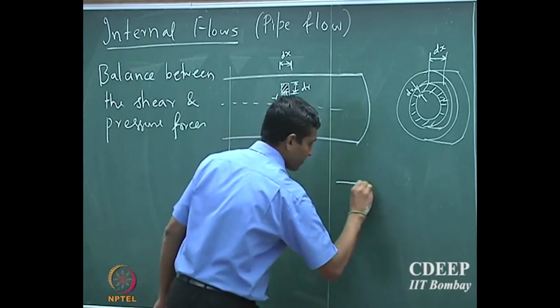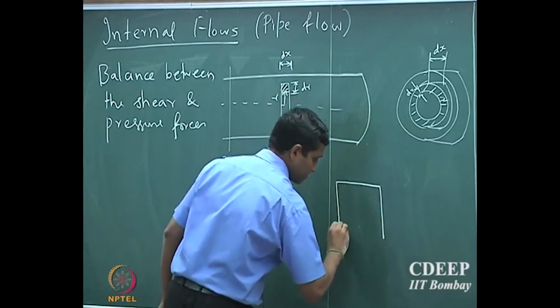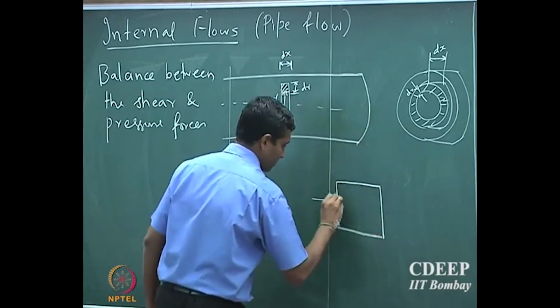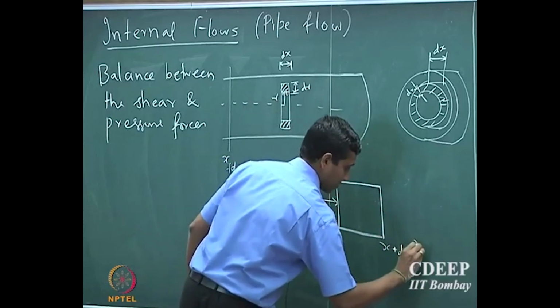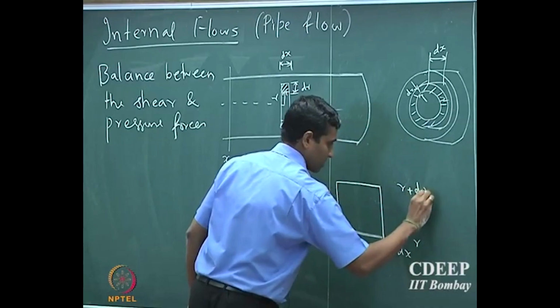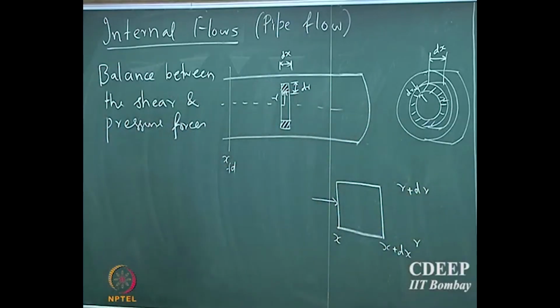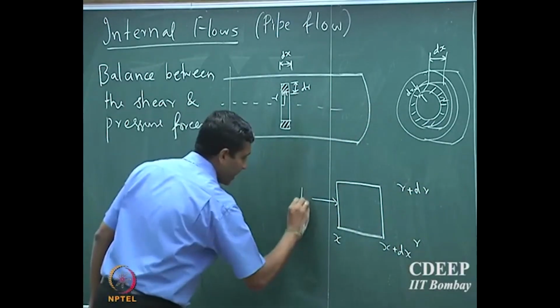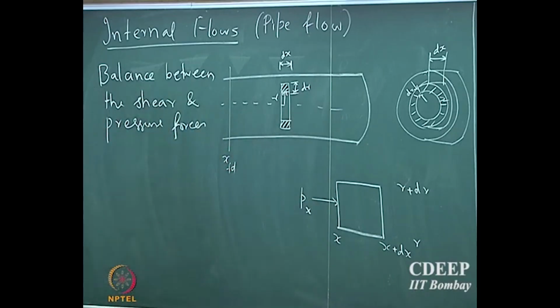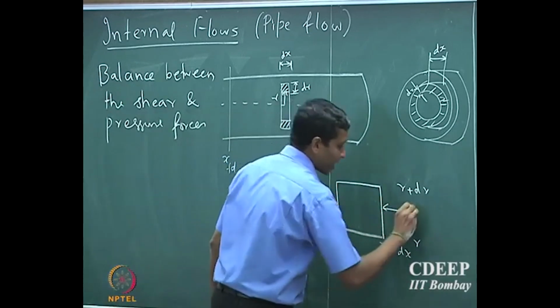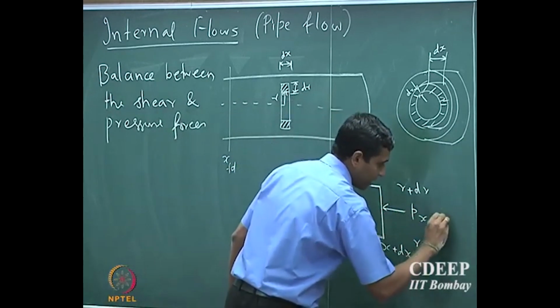So if I take this box here, supposing Px is the pressure that is acting on that element in that location, and the pressure that is acting here is P of x plus dx.